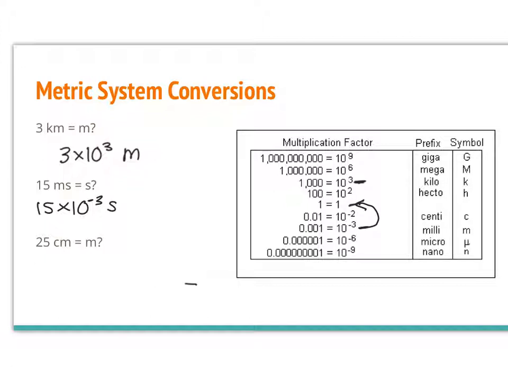Last one, I'm going from 25 centimeters to a meter. So I'm starting at centimeters and I'm going to a meter. So I'm going to have 25 times 10 to the negative second meters. Okay. No, I didn't put these in proper scientific notation, but that's fine because I'm just trying to get those metric system conversions.